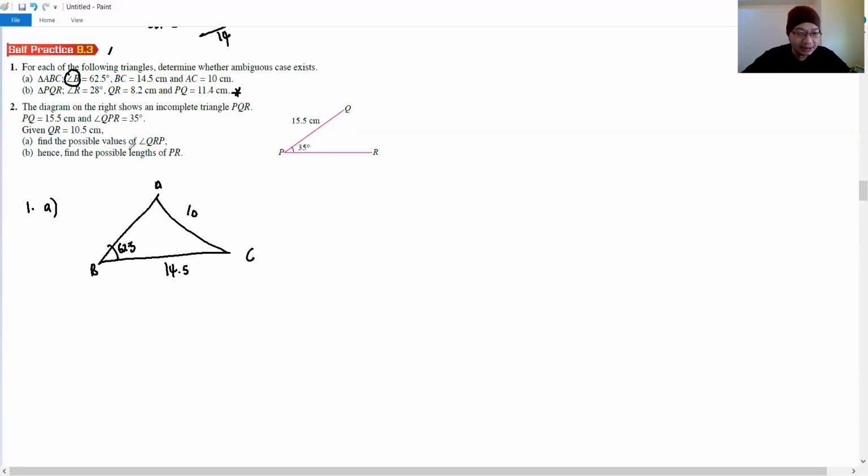Actually, to determine whether the ambiguous case exists, the angle here is acute, and then we must have the length of a here, and the length of c here, and a must be lesser than c. But the problem is the value given, 14.5, is at BC.